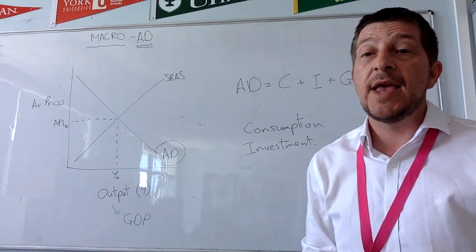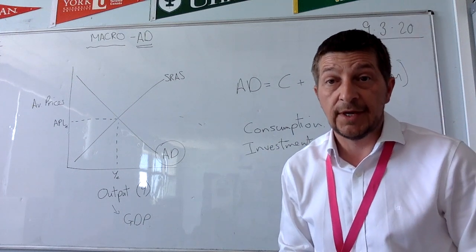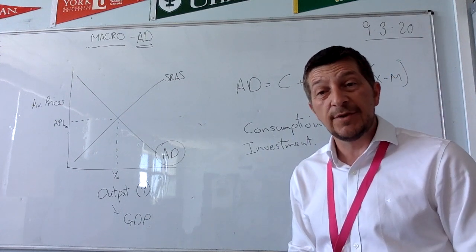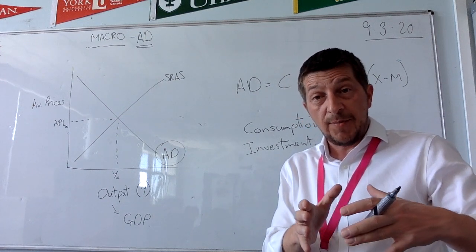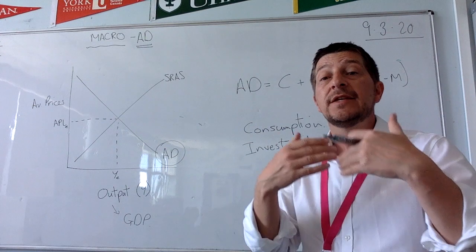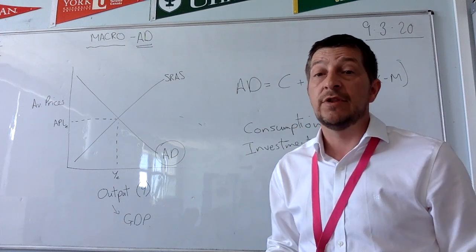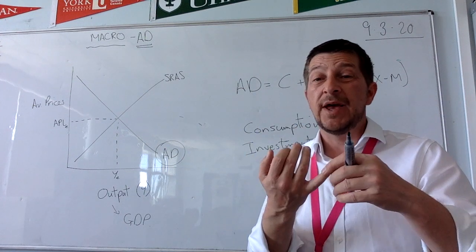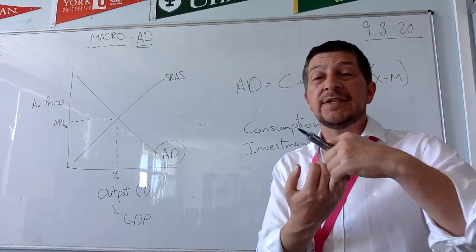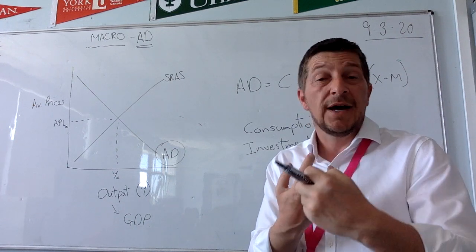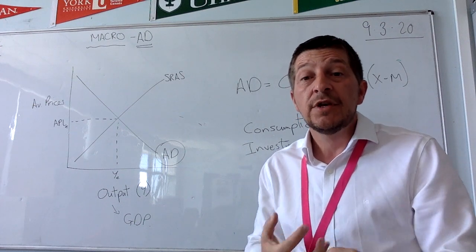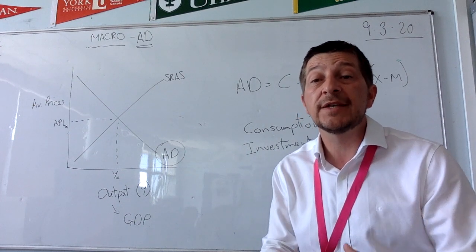Investment is made by firms. So this is capital investment by firms. As a business wants to get bigger, it will invest capital in certain things. So think about it. It might be buying more machinery. They might be investing in new buildings. They might be investing in new vehicles. Something which is normally a fixed asset.